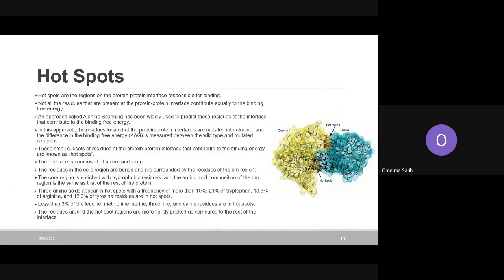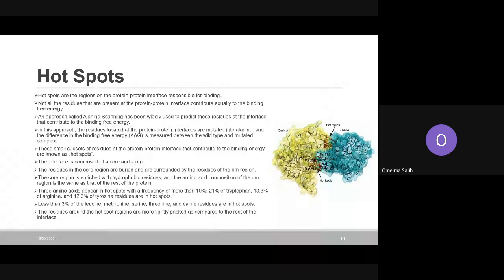There are other amino acids, but they are less frequent, like methionine, serine, threonine, and valine, which are also found in hotspots, but less frequently. So the hotspot regions are more tightly packed as compared to the rest of the interface.